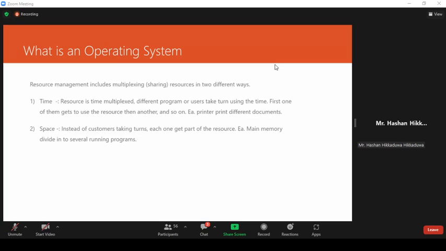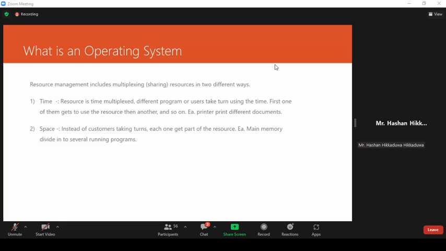For an example of time multiplexing or time sharing, it's the printer, right? In the printer, we can print different documents. Sometimes we have 4 or 5 documents and we need to print each of them.